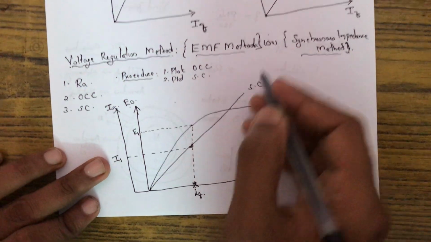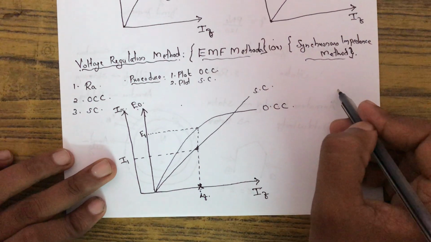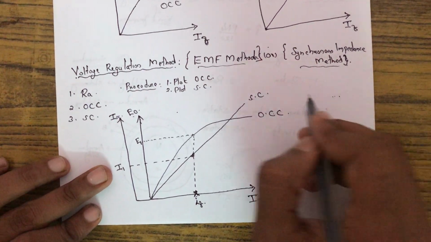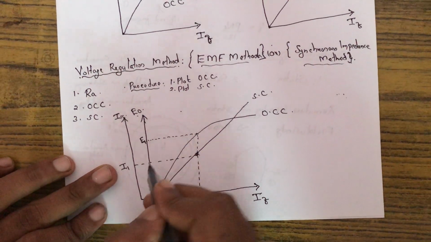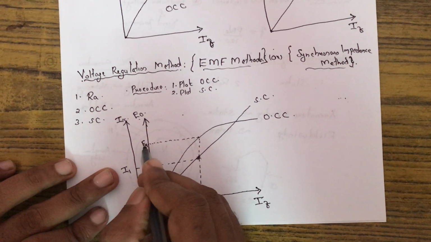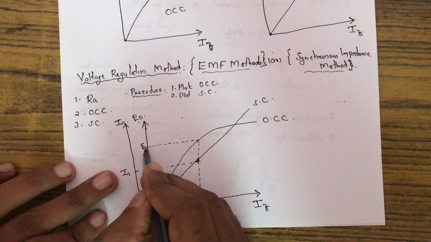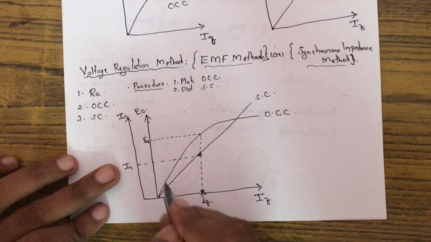So if we are short circuiting the alternator, the terminal voltage will be 0, but at this time this voltage E1 will be utilized for flowing the current I1.